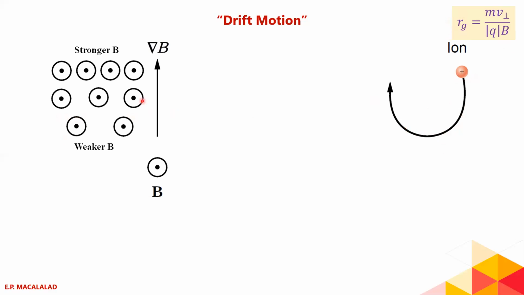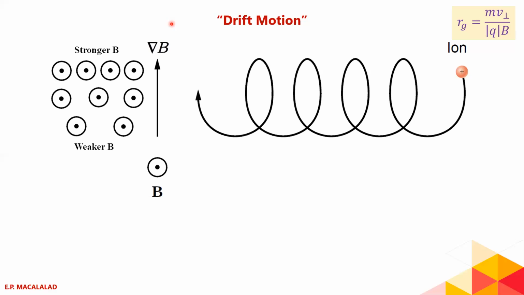And when it enters a region of stronger magnetic field, it will take a smaller gyro radius. And this will continue like this. In this case, the direction of the drift would be to the left.